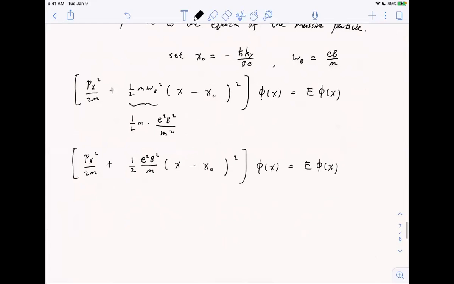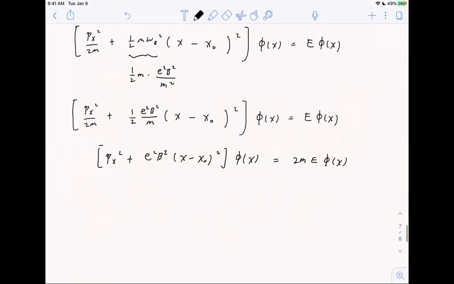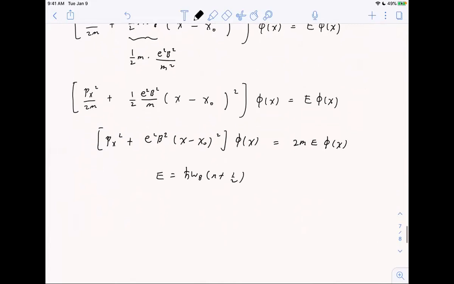And then you just move the 2m to the other side. So here E equals h bar omega_b times n plus 1/2.